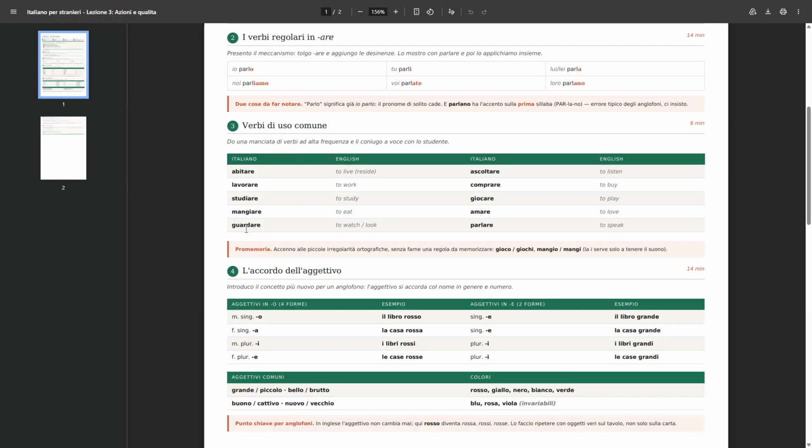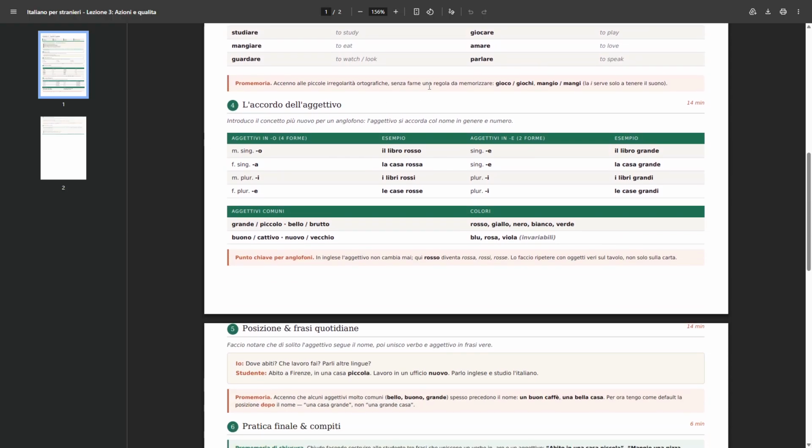For example, I will use it to say I'm watching the TV: sto guardando la televisione. Then ascoltare, to listen. Comprare, to buy. Giocare, to play. Amare, which you have probably already heard, means to love. Then parlare, like we have seen before, is to speak.